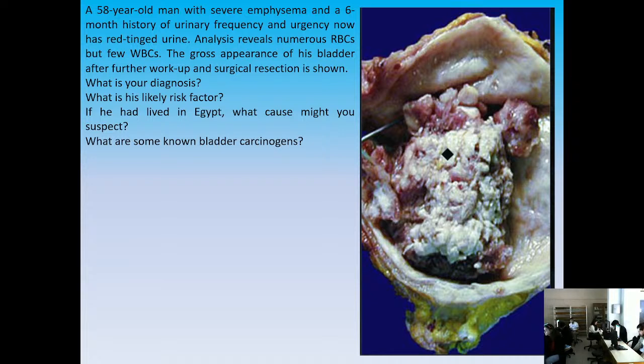The other is to have an external bag collecting the urine, which is of course a problem. So we must be very careful to define the invasion in the detrusor muscle, in the muscularis propria, because this operation will cause some disability in the patient.